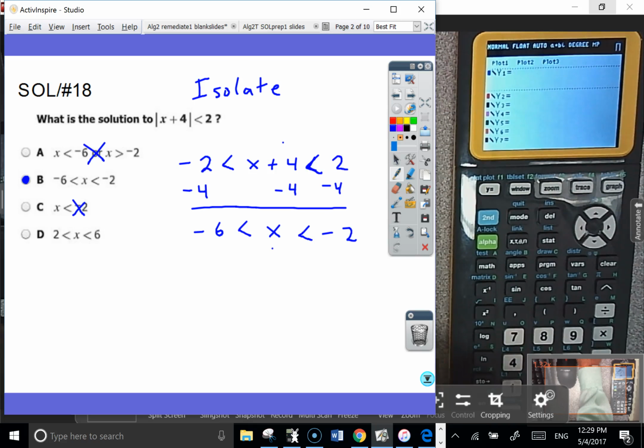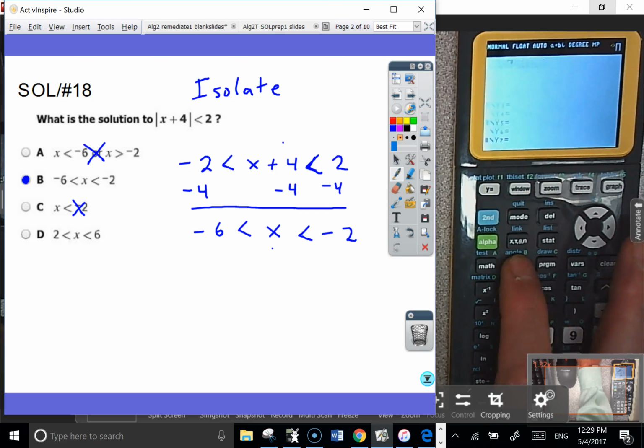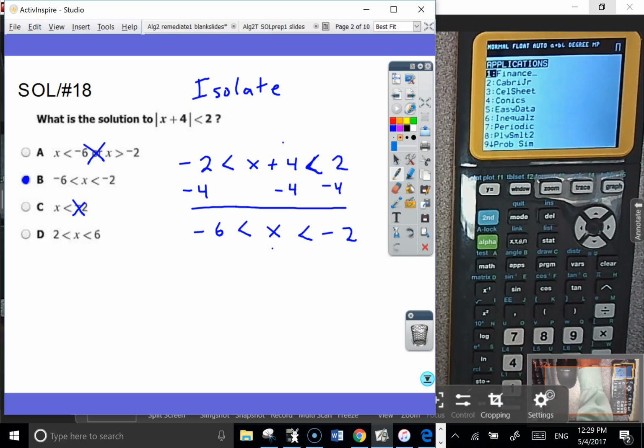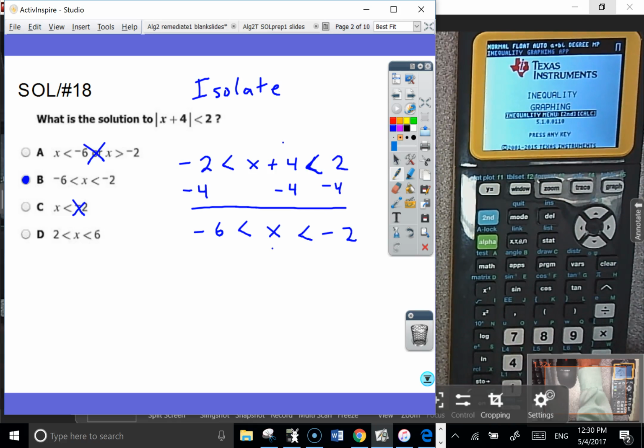But the x equals is there because of an app. The app is called Inequalz. If you look at number 6 on most of them, one of them up here is not, but it's in there, right? What number is it? It's 3. So wherever you hit that, if you want to get the Inequalz off, then you hit enter. It'll give you a menu and you can turn it off.